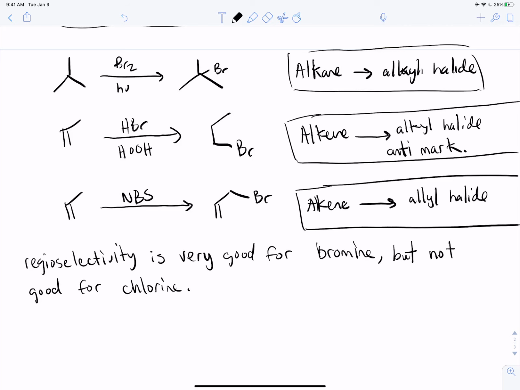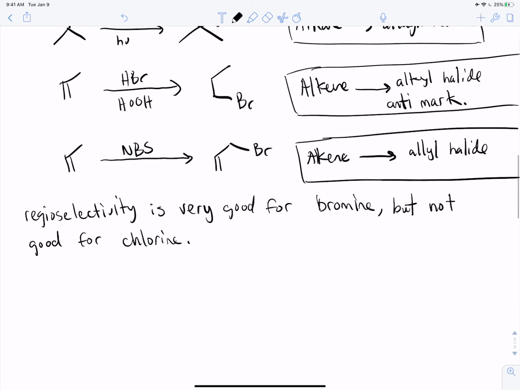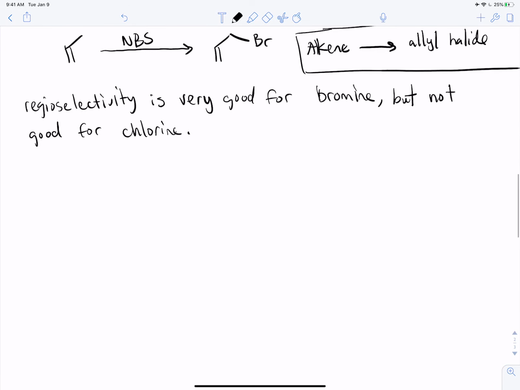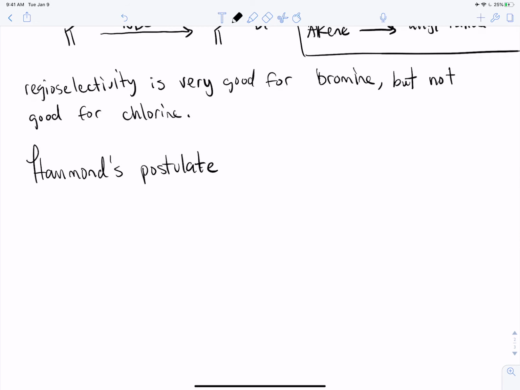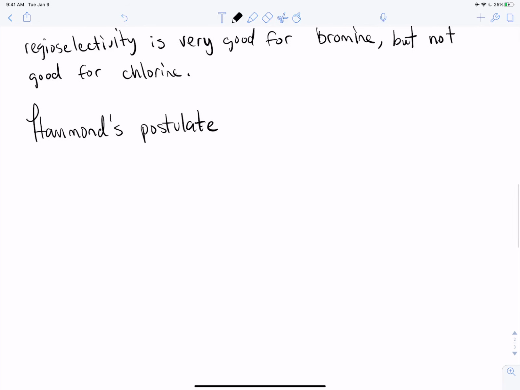And this comes from some ideas around physical chemistry, and the main thing that it hinges on is called Hammond's postulate. If you want to understand chemical reactivity, a lot of what you have to think about is the transition state.